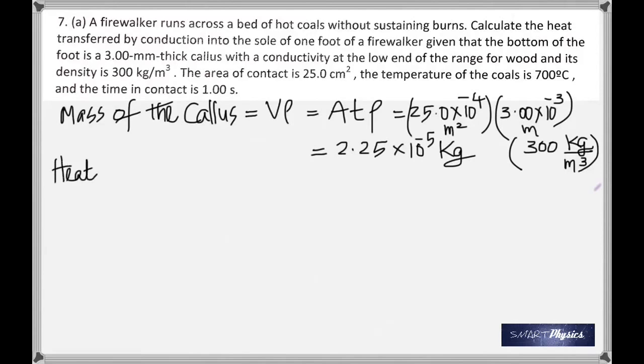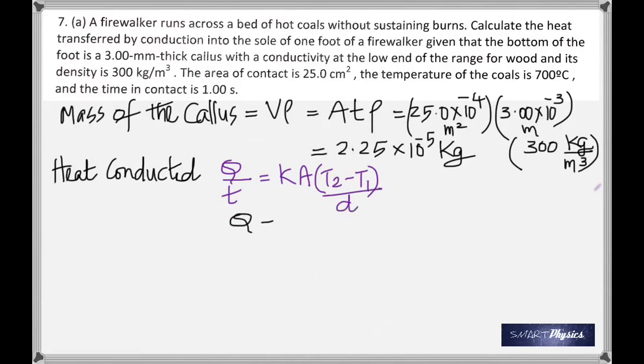Okay, now heat conducted is Q by T. Q by T is equal to K A (T2 minus T1) by D. K will be given.